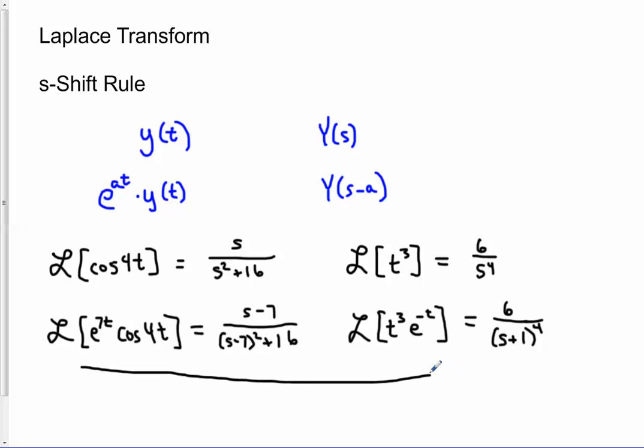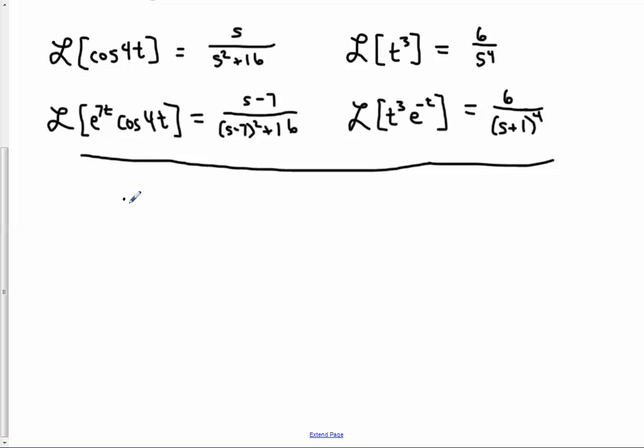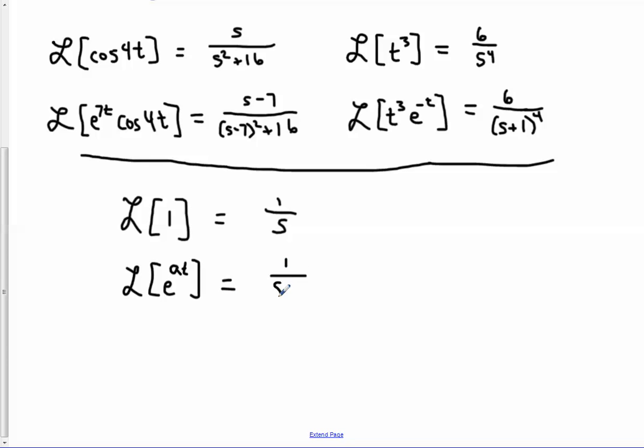One other thing I want to point out, and this is not new information, is that we already knew that the Laplace transform of 1 was 1 over s, and that the Laplace transform of just an exponential, which we figured out by going back to first principles, is 1 over s minus a. We had worked that out.